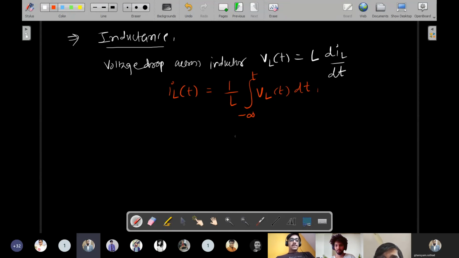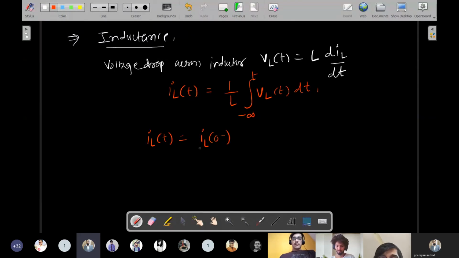But suppose there is some charge already stored in this inductor. At that time, this iL of t will become a little bit different. That current is iL of 0 minus, stored before time t starts.